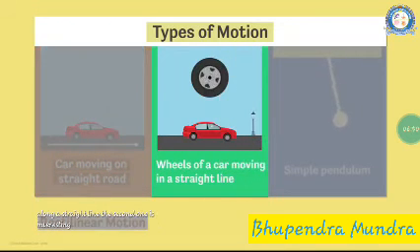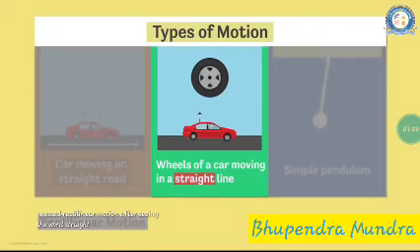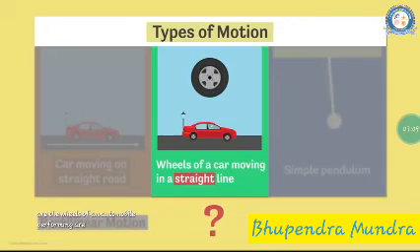The second one is interesting. Most of us would have guessed rectilinear motion after seeing the word street. Which type of motion are the wheels of an automobile performing?